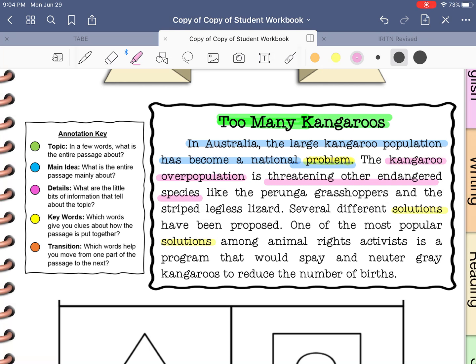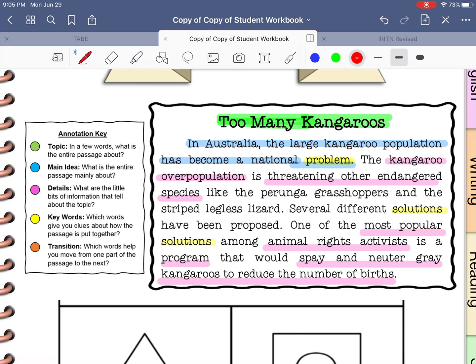And they only give me one, even though they say that several different solutions have been proposed, they only tell me about one of them. They tell me that it is most popular with animal rights activists, and it is a program that would spay and neuter the gray kangaroos to reduce the number of births.